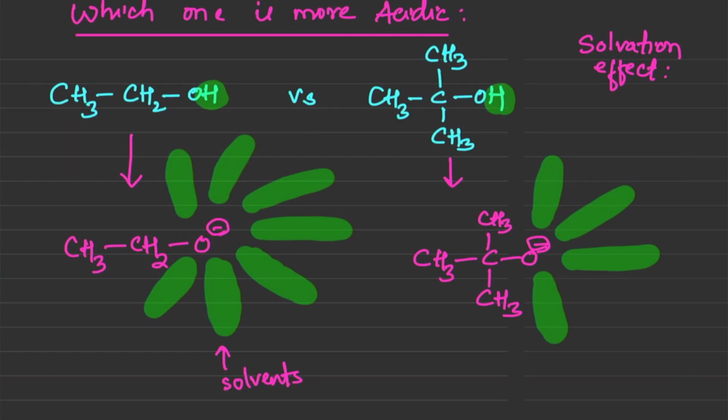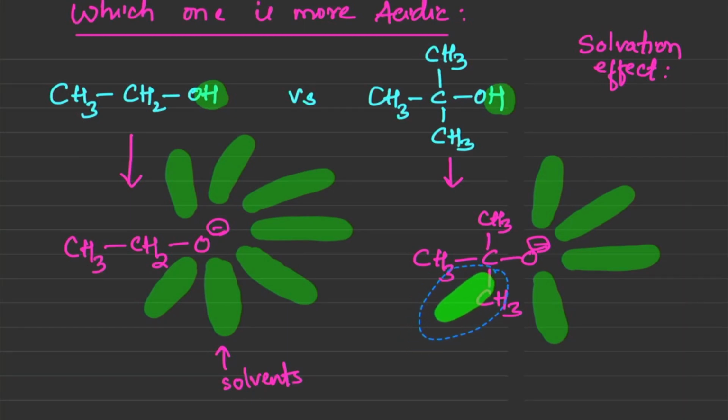If you notice on the structure on the right side, this is just a cartoonish diagram. So we have 1, 2, 3, 4, 5, 6, 7 solvent molecules getting a nice access to the negative charge and stabilizing the negative charge on oxygen. However, here only 1, 2, 3, 4 molecules are getting access. You know why they are not getting enough access? If you notice, this one here cannot enter from this side like it did here.